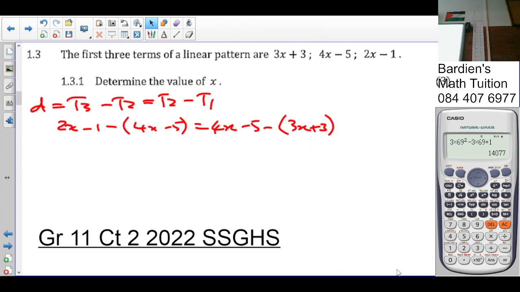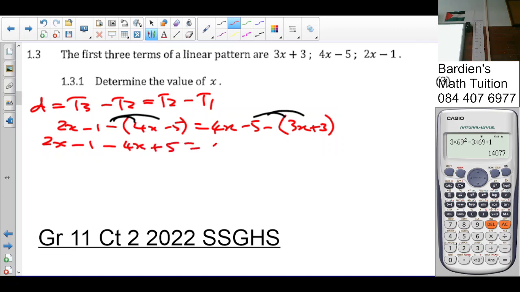So what do we do now? We need to get rid of the brackets by multiplying out that negative. So I have 2x minus 1 minus 4x plus 5 is equal to 4x minus 5 minus 3x minus 3. Again, x is one side, numbers the other side.